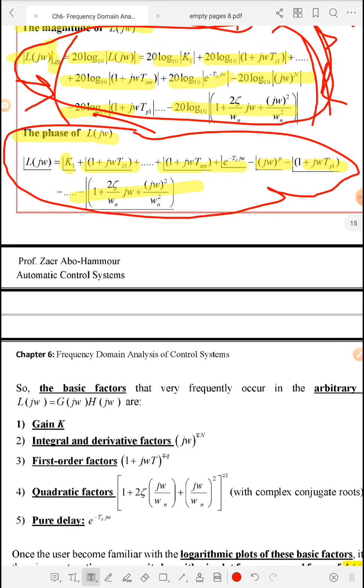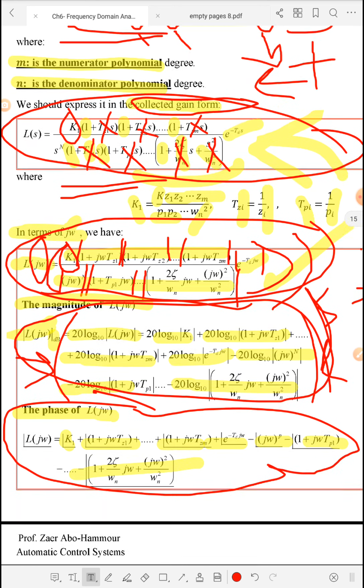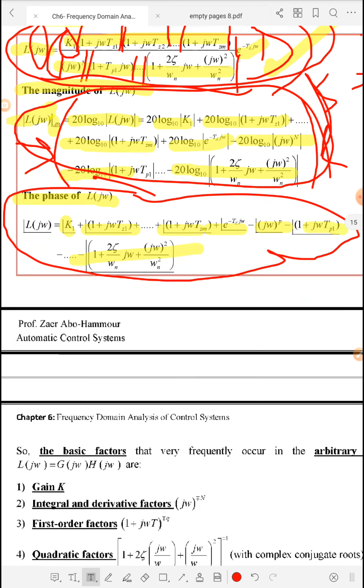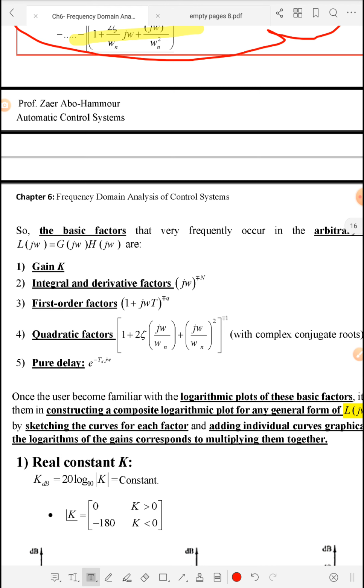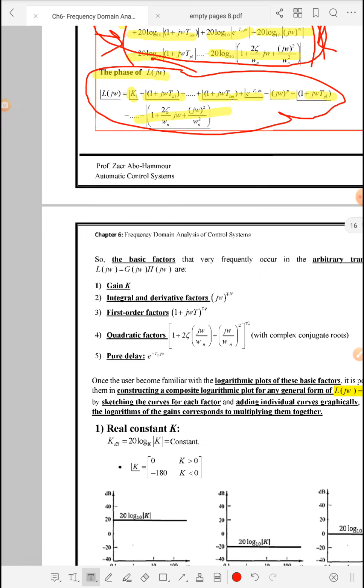So if we pay attention to our transfer function that we discussed, it consists generally of 5 basic factors. So we have basic factors for the transfer function.